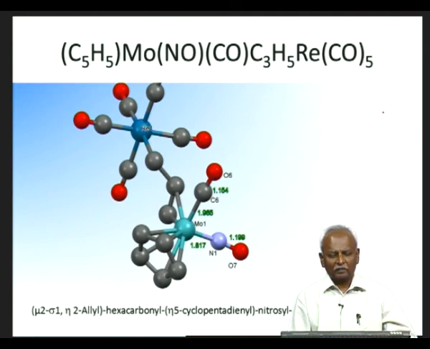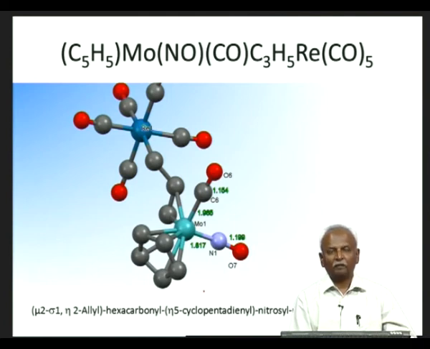Now, I want to look at some of the structural features that we encounter when we go to organometallic complexes containing nitric oxide. I have chosen a fairly complex system, but we will confine ourselves to the part of the molecule that has the nitrosyl moiety.